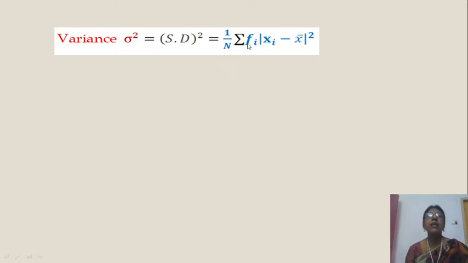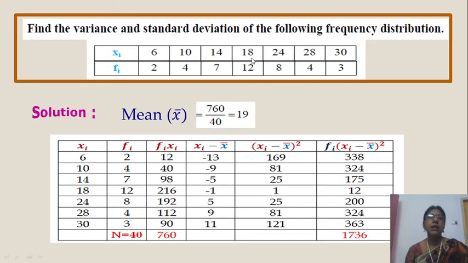If fi is given, then multiply this value with fi. That is only difference when frequency is given. Now write xi minus x bar as previous problem, then xi minus x bar square, multiply this with fi. Write the sigma of fi xi minus x bar square, this one.